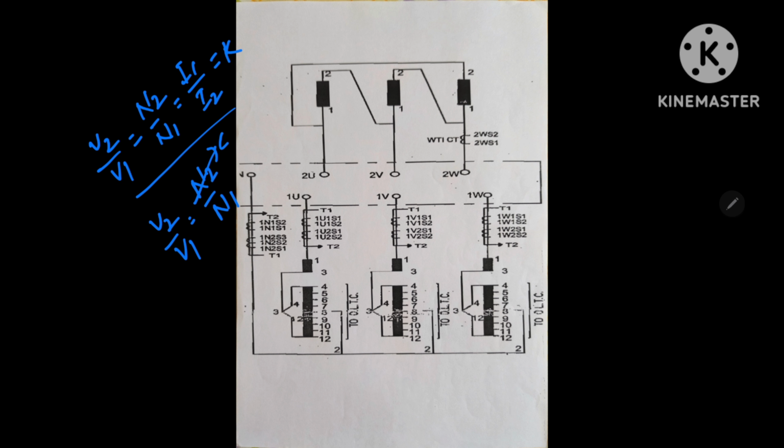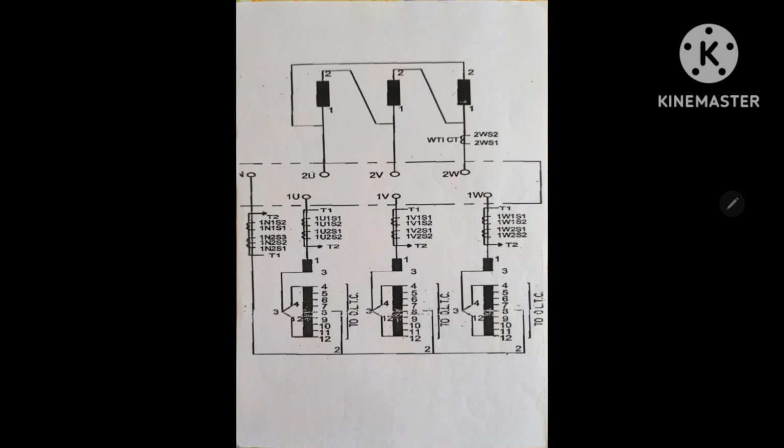So this is constant, as we are not changing anything in the secondary winding. So the final formula will be V2 is equal to V1 by N1. When the primary voltage is increasing, the number of turns we have to increase so that the secondary voltage is maintained constant. When the primary voltage is decreasing, the number of turns we have to decrease so that the secondary voltage remains constant. So this is the basic formula utilized for this voltage.